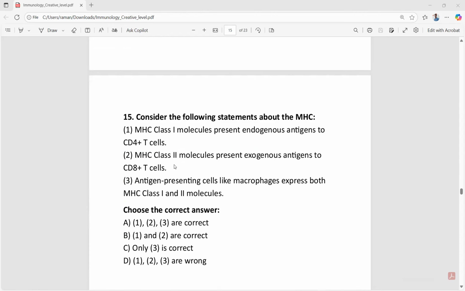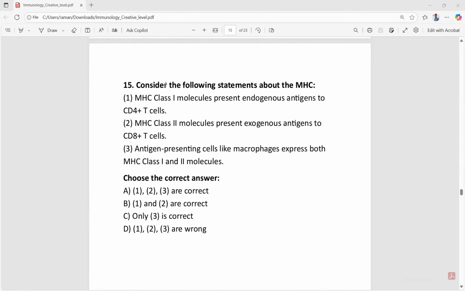Okay, let's go to question number 15. Consider the following statements about MHC, major histocompatibility complex. MHC class 1 molecules present endogenous antigen to the CD4 T cells. Next, MHC class 2 molecules present exogenous antigen to the CD8 T cells.